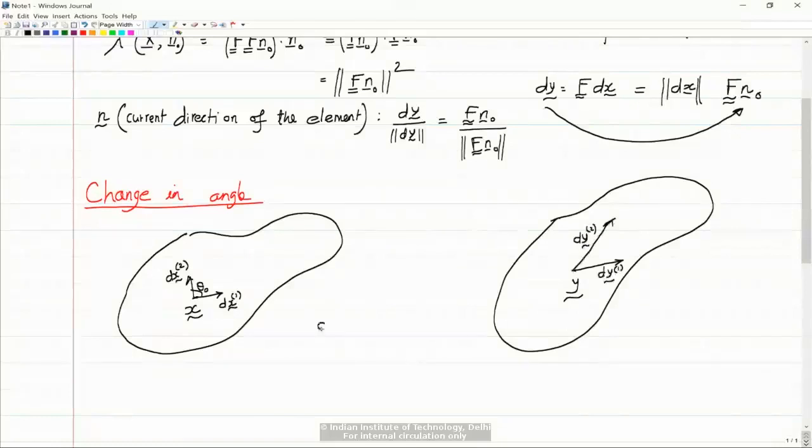And we know that dyi, for example, is equal to big F into dxi, and we want to know this angle here, theta. What is the final angle?